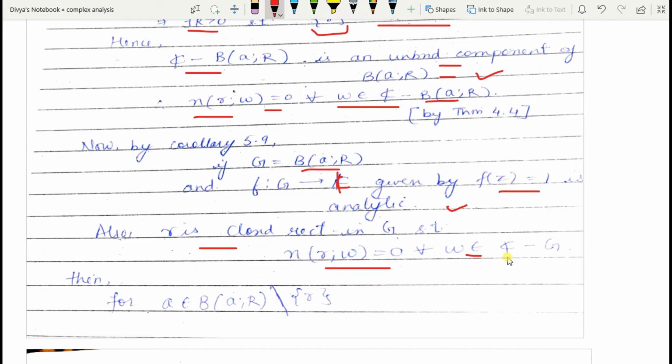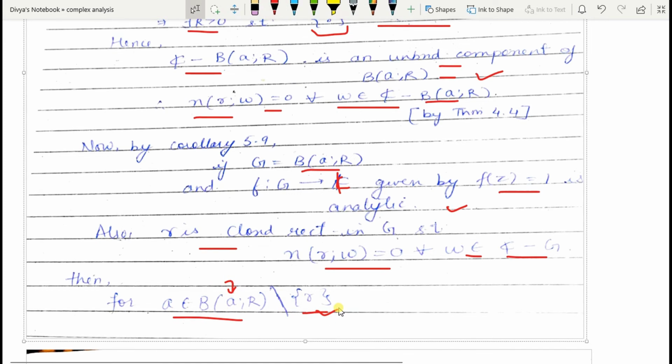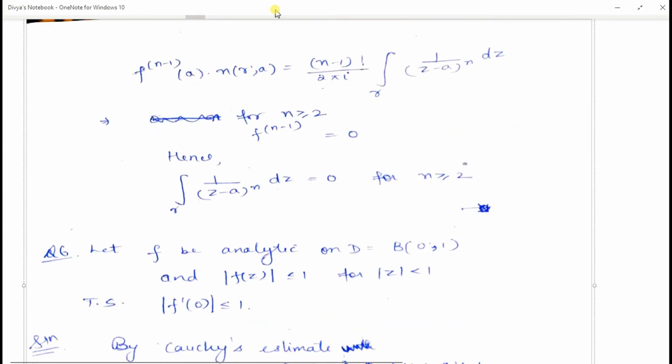And gamma is a closed rectifiable curve in G such that the index is 0 for all w belonging to C minus G, right? Therefore for a belonging to the ball minus gamma, that means a is in the ball but not in the curve gamma, right? Because it is in the ball since it is the center, and not in gamma because that was our assumption.